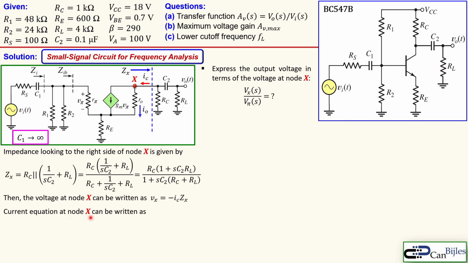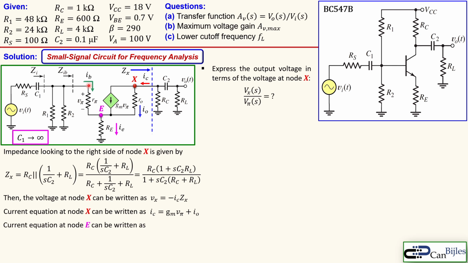Now the current equation at node X can be written using Kirchhoff's current law. We can say this current is equal to this current plus that current. That's actually shown here. So Gm V pi plus the IO. That's the collector current. Okay. We also have this emitter node here, E. Now we can also start with that one, and we also have the base current here.